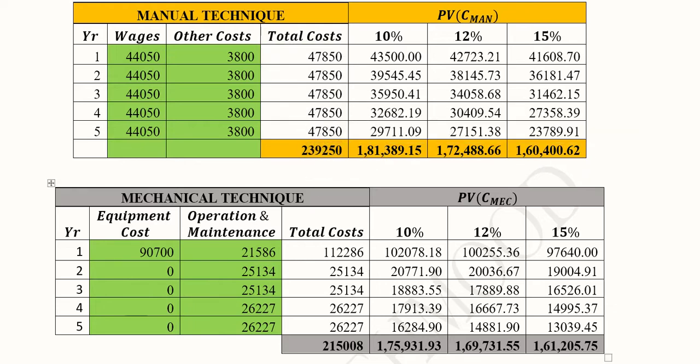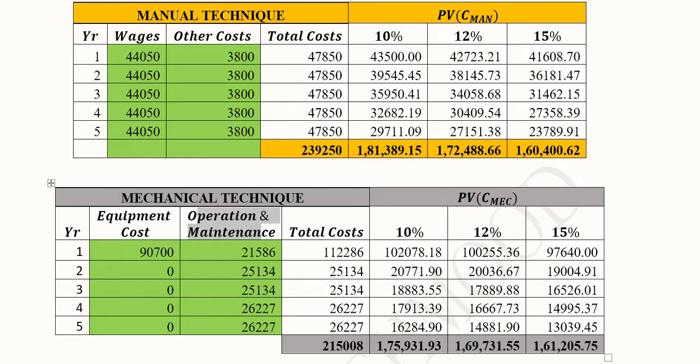In the same way, we have for mechanical technique, equipment costs and operation and maintenance costs, and their sum is also there. So you see, as per the manual technique, we have wages and other costs. And for mechanical technique, we have equipment cost and the operation cost. Accordingly, we have the components of the cost as per the technique.